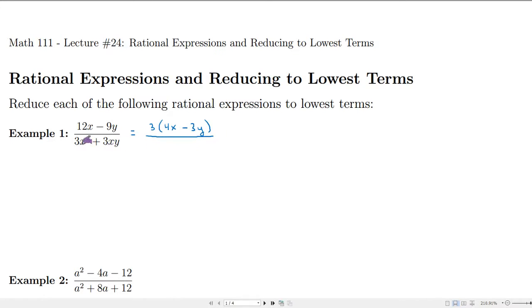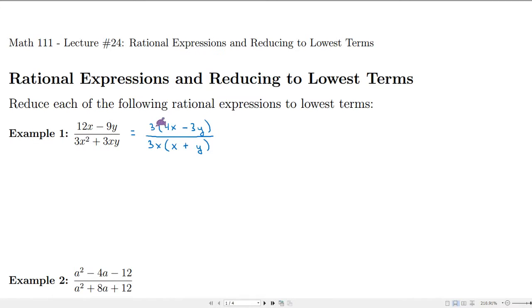What about the denominator? We have 3x squared plus 3xy. So we can factor out a 3x, and if we factor 3x out of 3x squared, we're left with an x. If we factor 3x out of 3xy, we are left with a y.